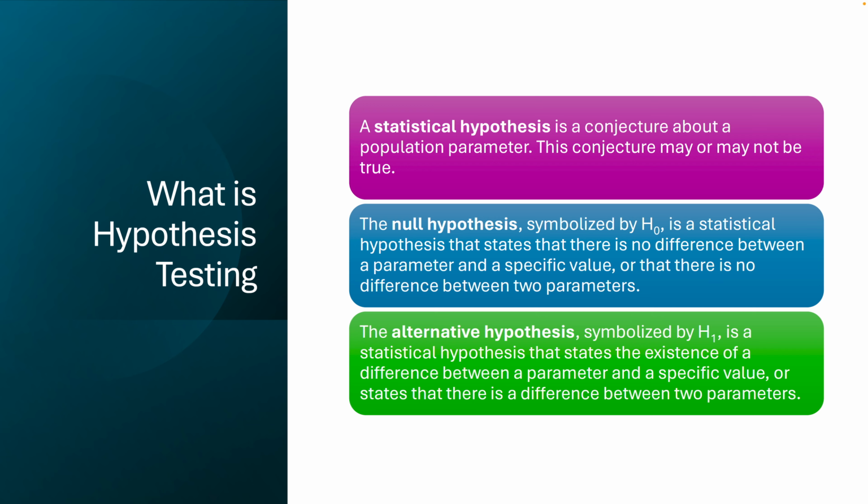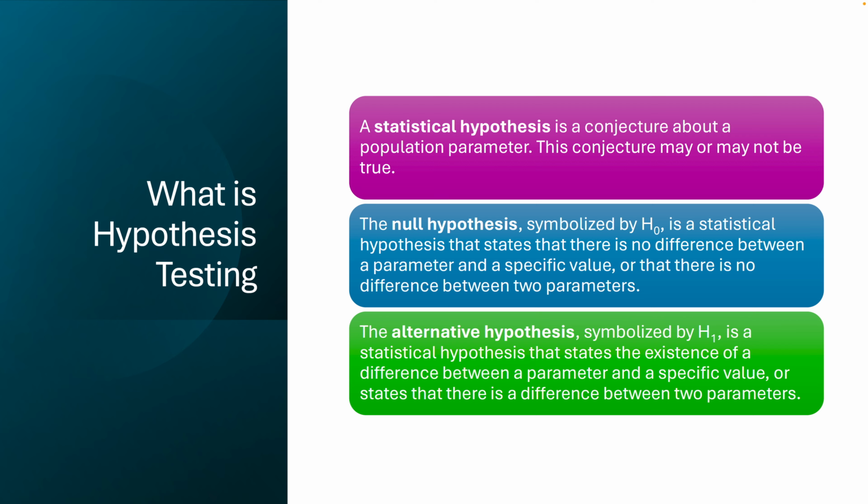We state it in form of a null hypothesis symbolized by H0 and the alternative hypothesis symbolized by H1. By convention, the equality sign is always considered as a part of the null hypothesis, and the inequality or the difference is part of the alternative hypothesis.